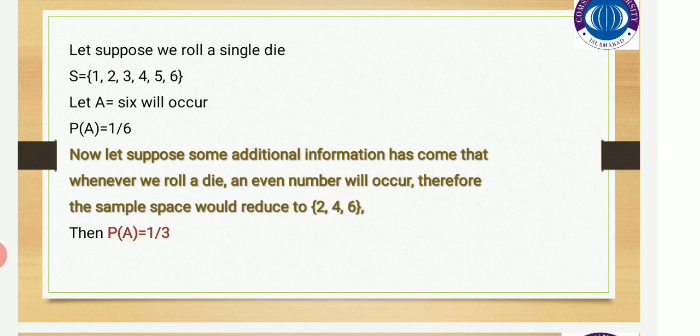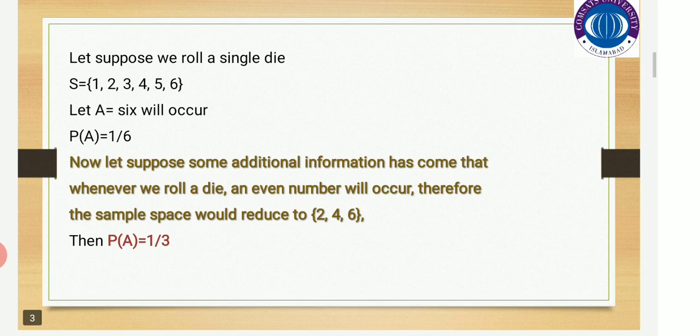Now, what's happening next? Let's suppose some additional information has come that whenever we roll a die, an even number will occur. So, if only an even number will occur, it means it will reduce our sample space to 2, 4 and 6.